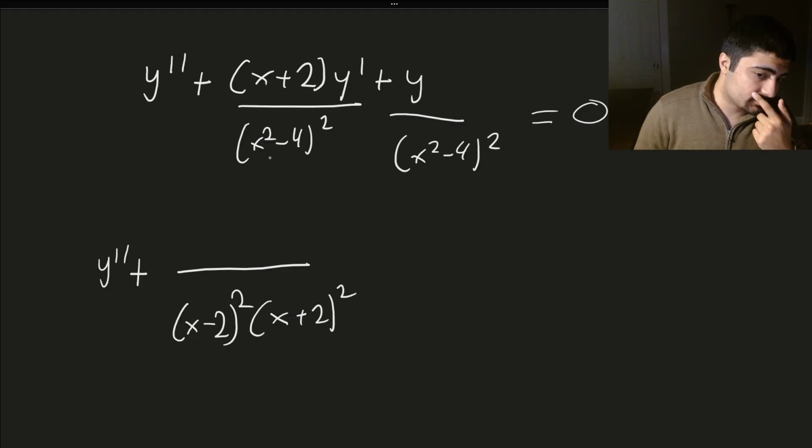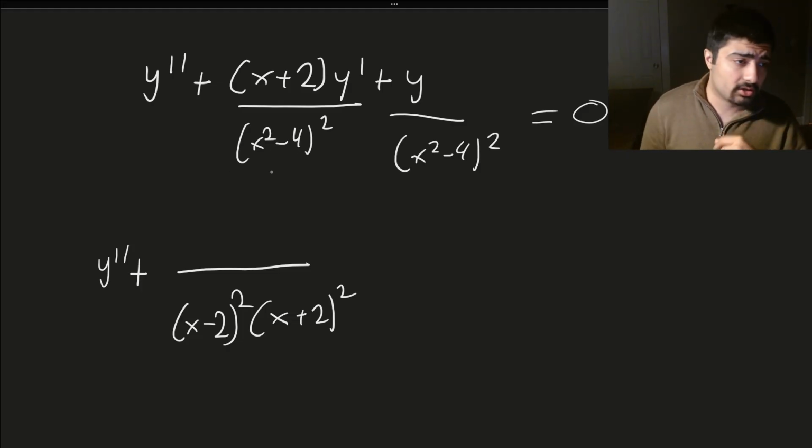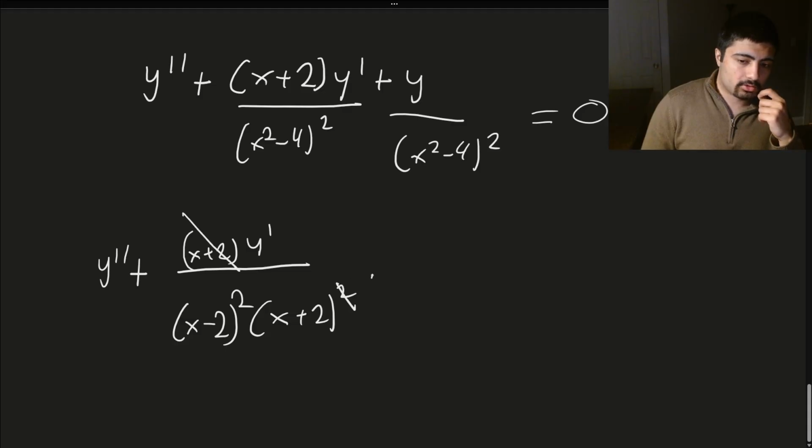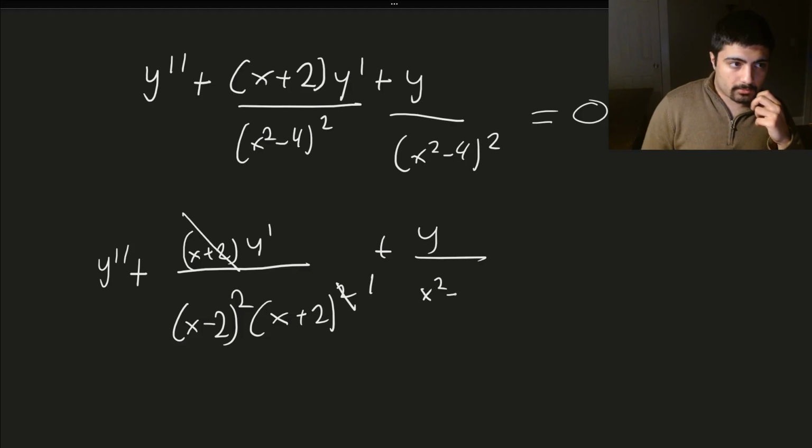This is just written as x minus 2 times x plus 2, and both of them are squared, so you can use some algebra to write it this way. Okay, so we're going to have (x plus 2) y prime, and we're just going to cancel this x plus 2, so we imagine we kind of cross this out, plus y over (x squared minus 4) squared equals 0.